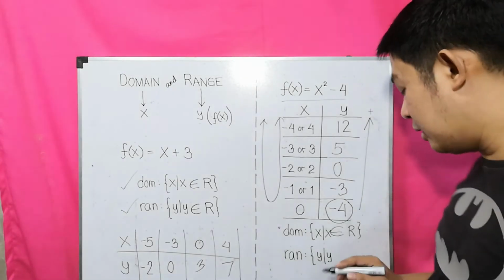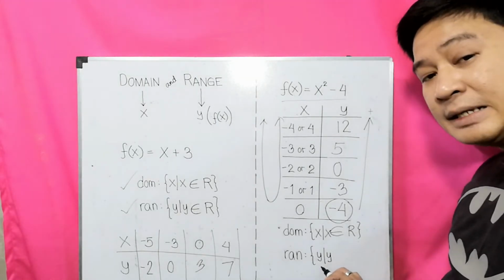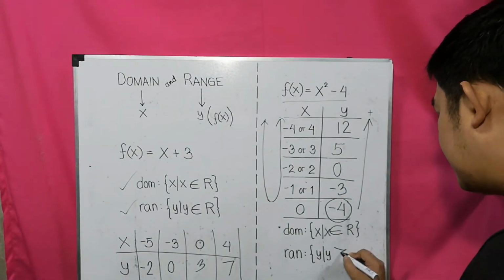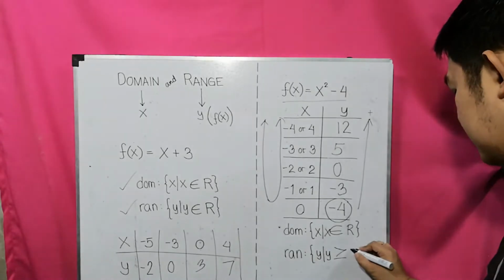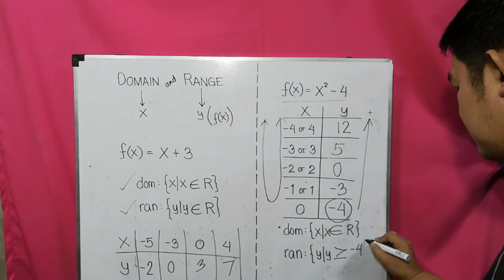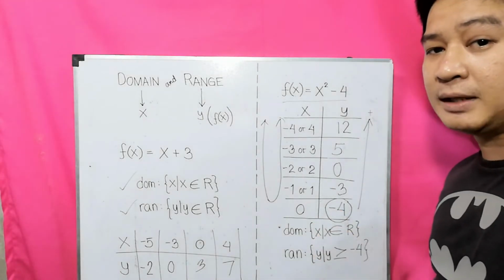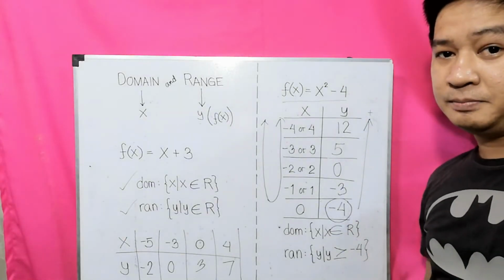So we can say now that the range of our function is y such that y is greater than or equal to negative 4. So this is how we get the domain and range for this quadratic function.